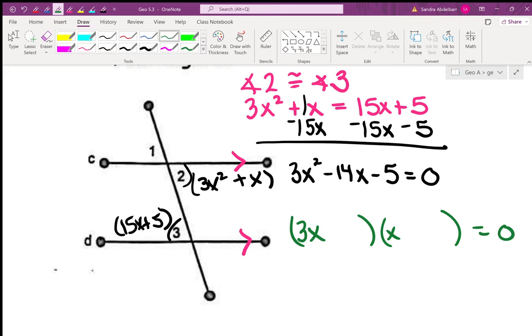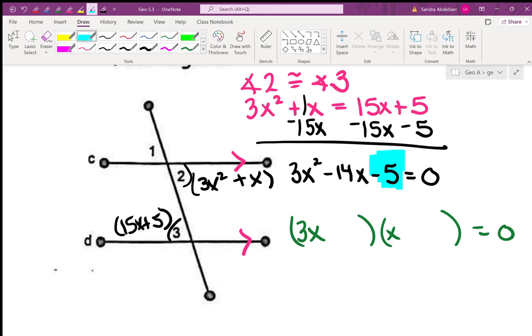Now go to the last term, negative 5, and I need factors of negative 5. This is nice because it's prime. The only things that multiply to 5 are 5 and 1. Because it's negative, one's going to be negative, one's going to be positive, and that's where you can play around a little. But because when we check we're adding to a negative 14, don't you think the bigger one should be negative?